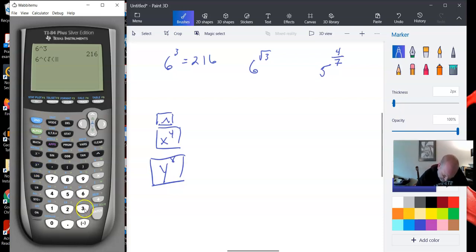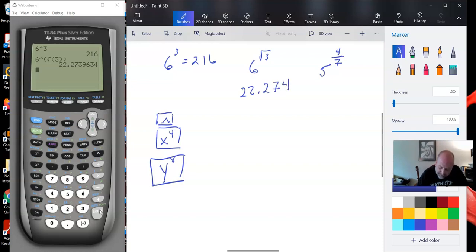And we want the square root of 3, so we'll close that. That one closes the square root. That one closes the exponent. And so we end up with an irrational number that goes on forever. So your homework will tell you where to round it. I'm going to say 3 decimal places for now, just because that seems like fun. So it should be 22.27, and since we're going 3 decimal places, that 3 rounds to a 4, right?